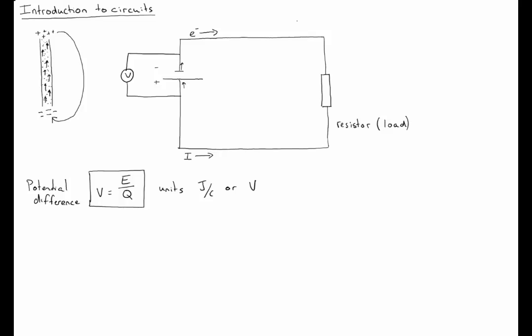If we assume that this wire is almost a perfect conductor, we actually get no energy loss as the electrons move through that perfect conductor.